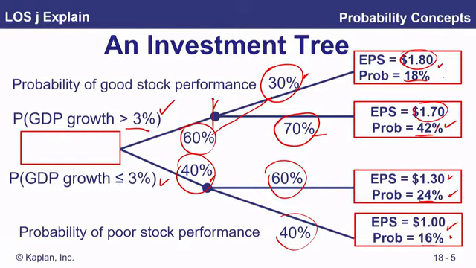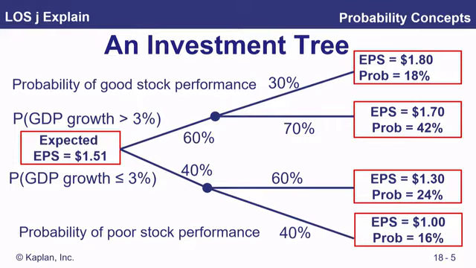So we can get our conditional expectations looking out from here, or our unconditional expectation looking at all 4 of the outcomes. Our expected earnings per share, that probability weighted average of those 4 earnings per share numbers, is $1.51. And again, $1.51 is never going to occur, but it's our best guess given this information and these probabilities.